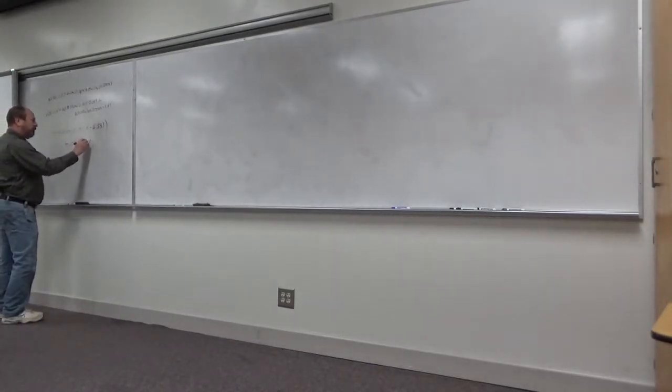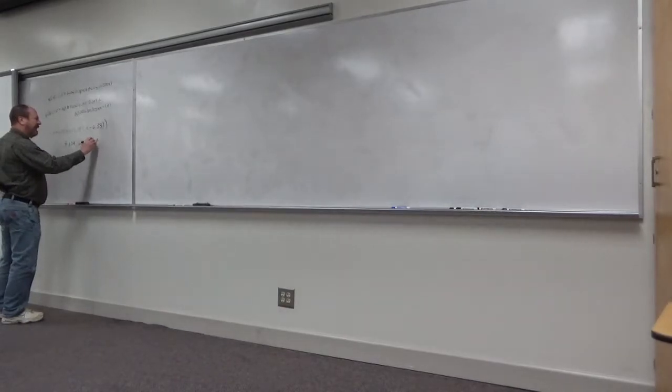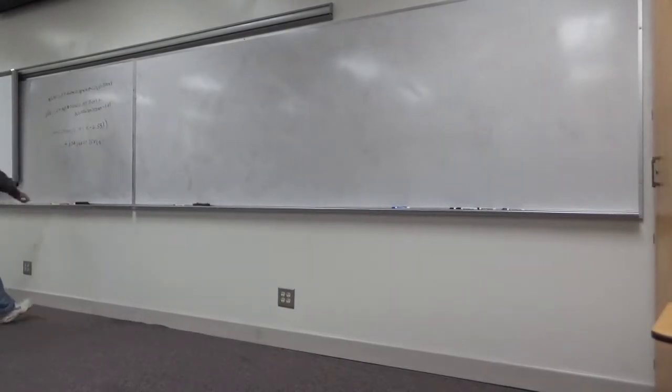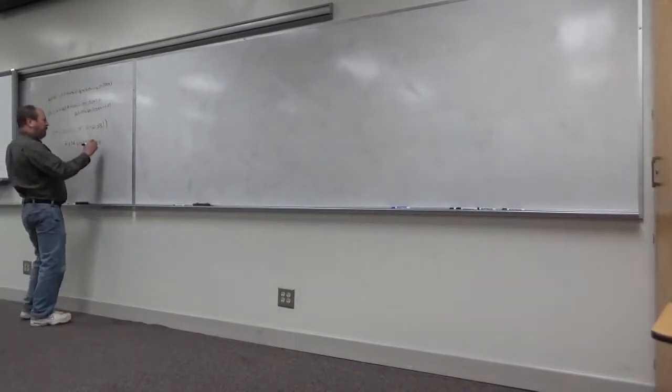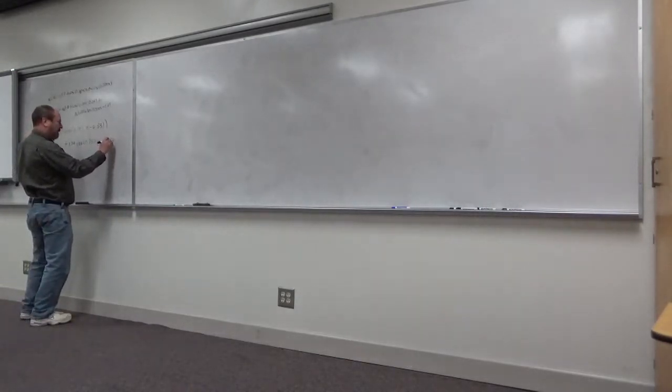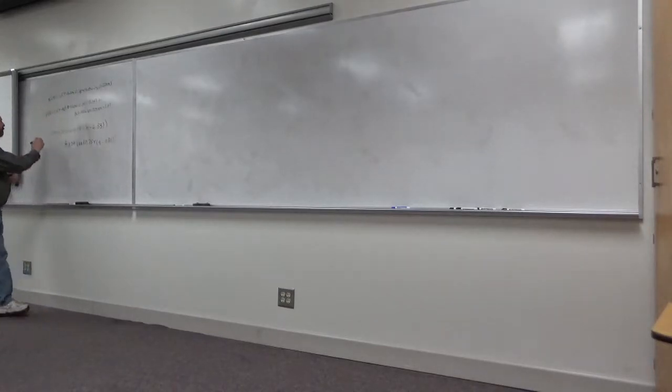Cosine of 0.75 pi n minus 1.9 over 0.75 pi. 1.9 divided by 0.75 times pi, and that one's 0.81 approximately. Okay, there we go.